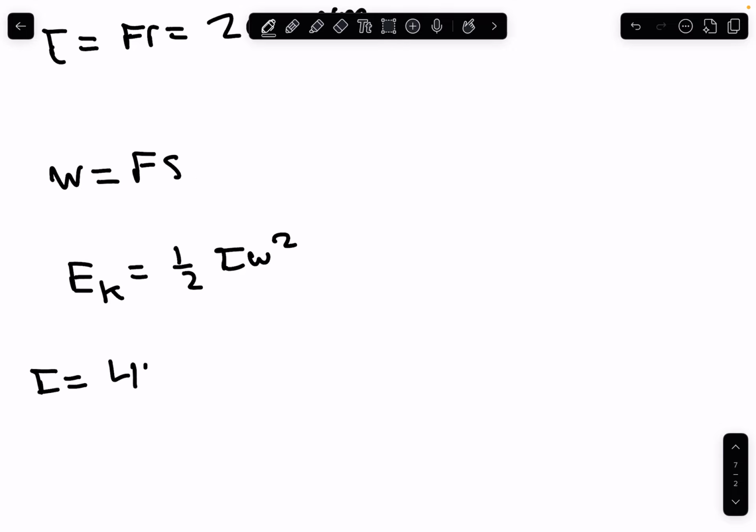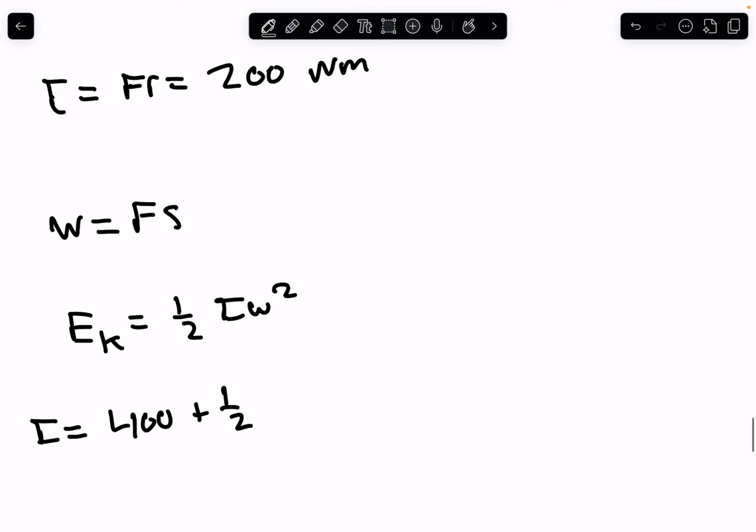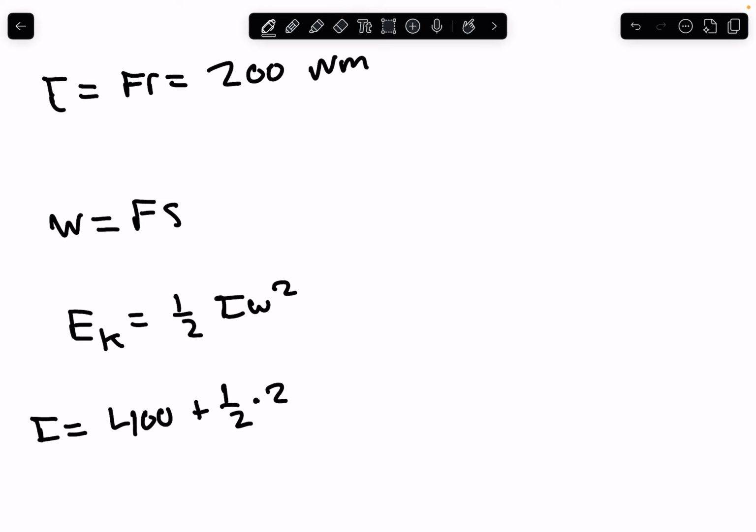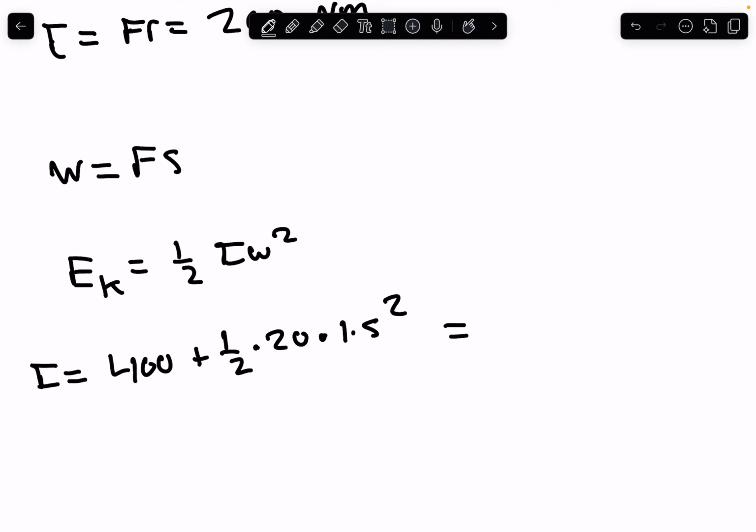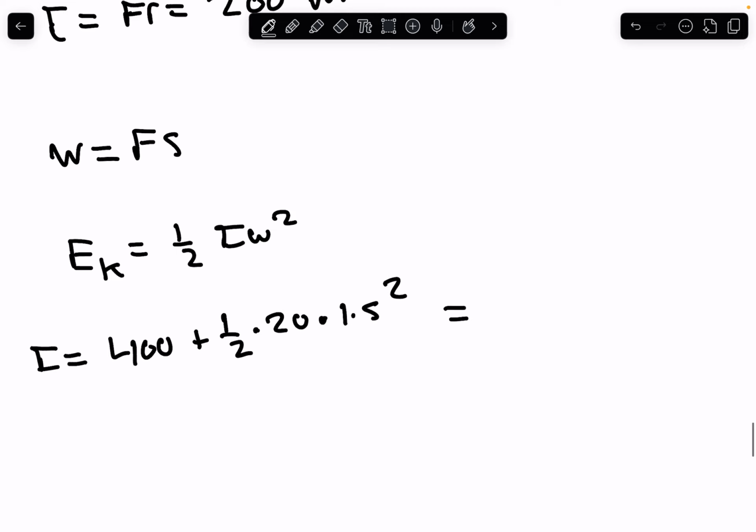So I equals 400, plus the handrail's moment of inertia, which is half, multiplied by its mass, which is 20, multiplied by the distance from the pivot, which is 1.5 squared, and using the calculator, 2.25.